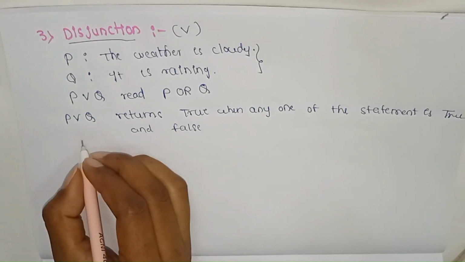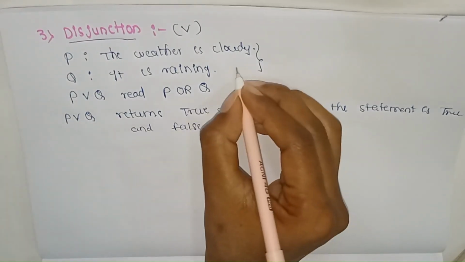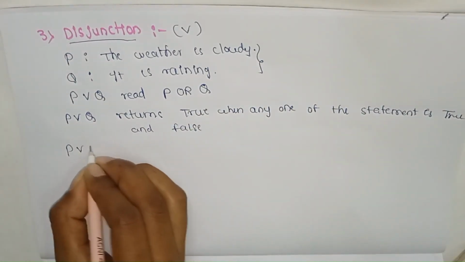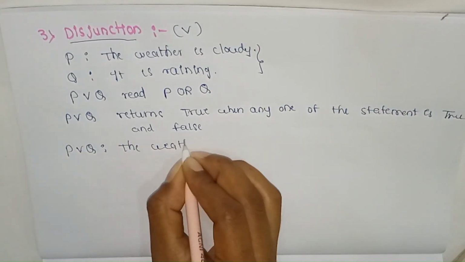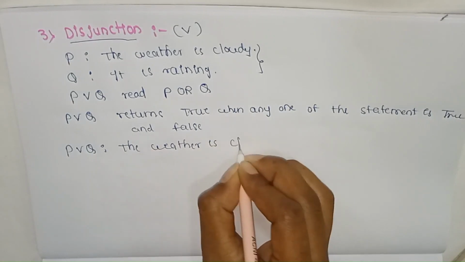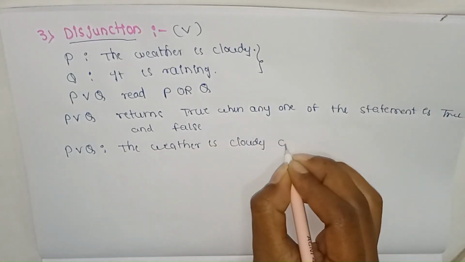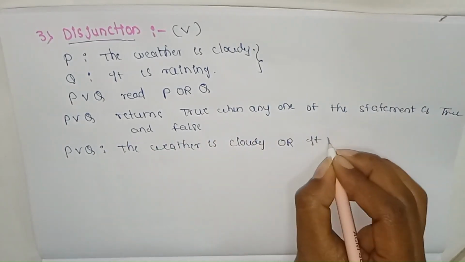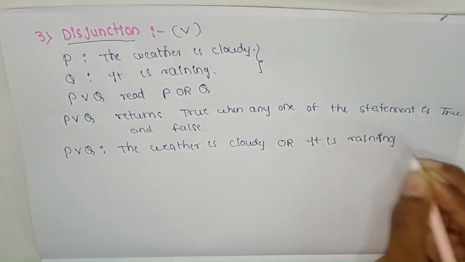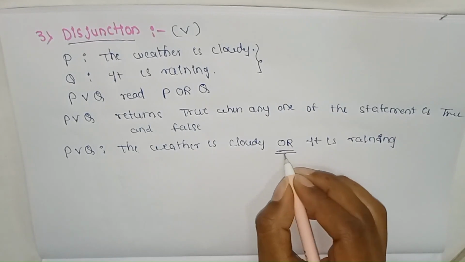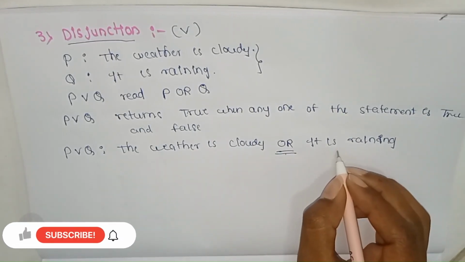So now let us apply the OR operation to these two statements. P or Q means the weather is cloudy or it is raining. We are using the OR connective to combine these two statements.